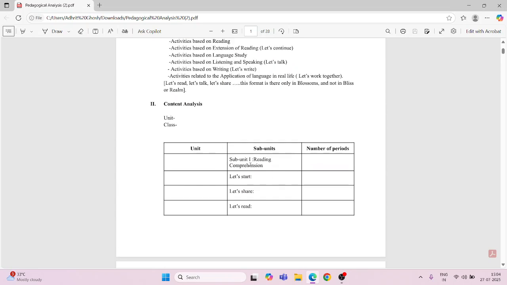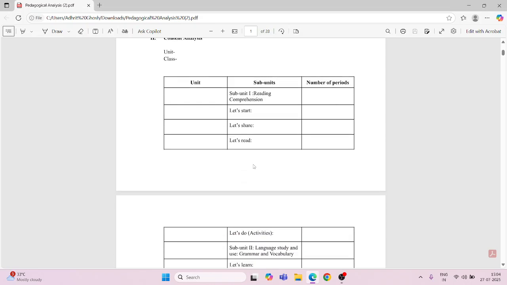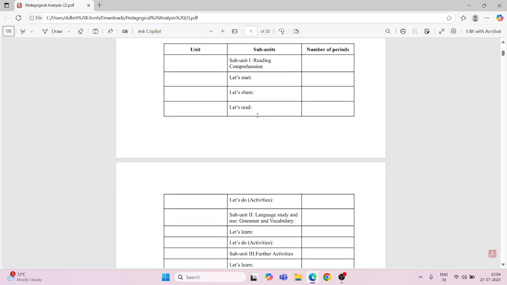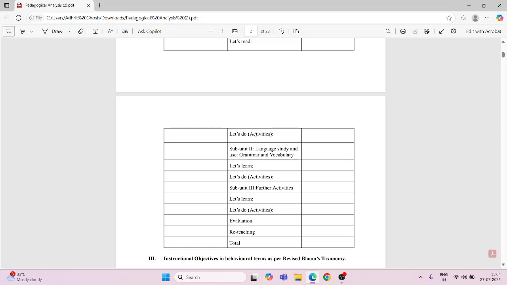So, under that, if you see, this format is there in case of Blossoms. In Bliss or Realm, you don't have this format. In Blossoms, most of the chapters have this format: let's start, let's share, let's read, let's do with the activities, then let's learn, let's do again with the activities, then again let's learn, let's do with activities.